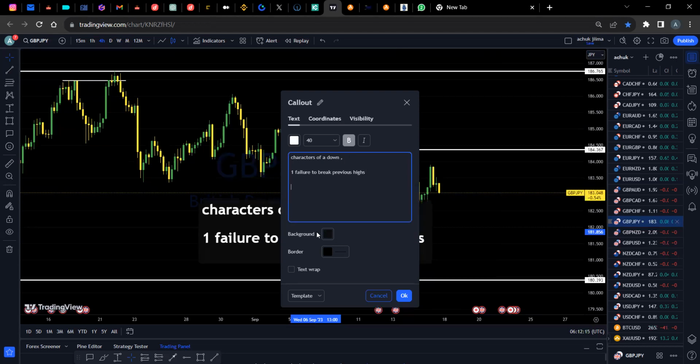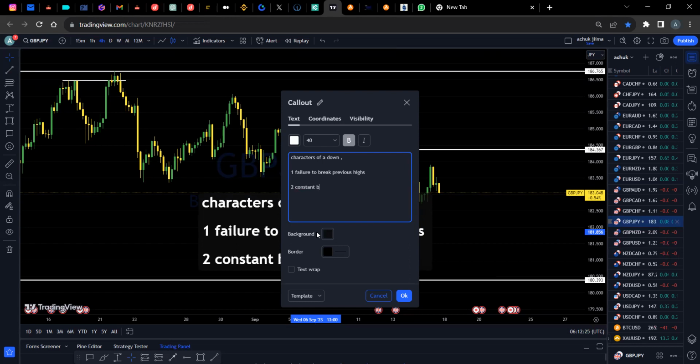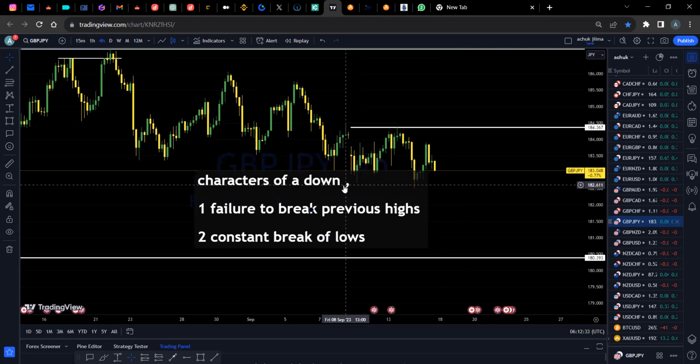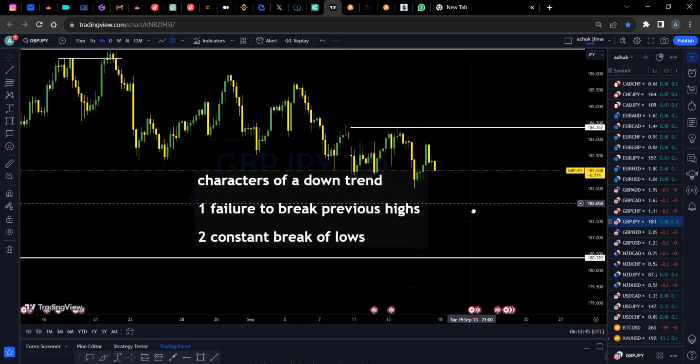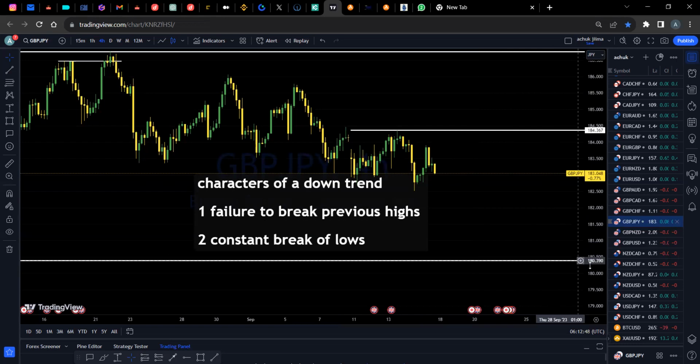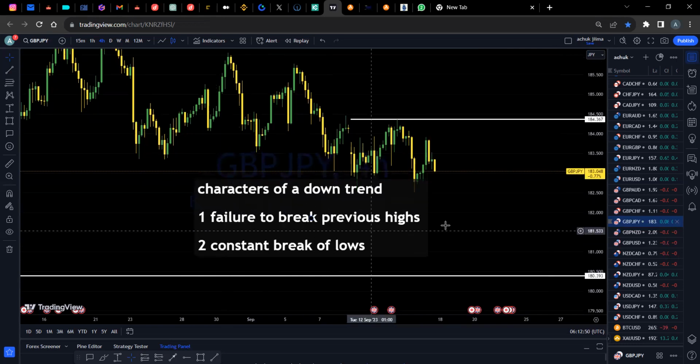And then the second one is constant break of lows. So once you see this, when you're trading, you just need to know the characteristics of a downtrend. So what will tell you that the market is trending to the downside? These are the two things. Failure to break the previous high.